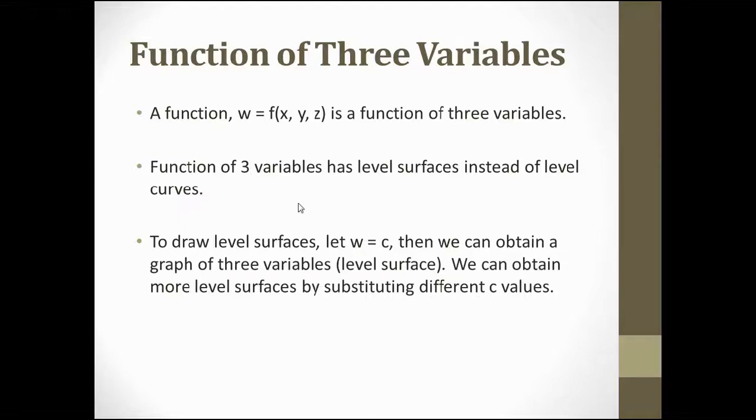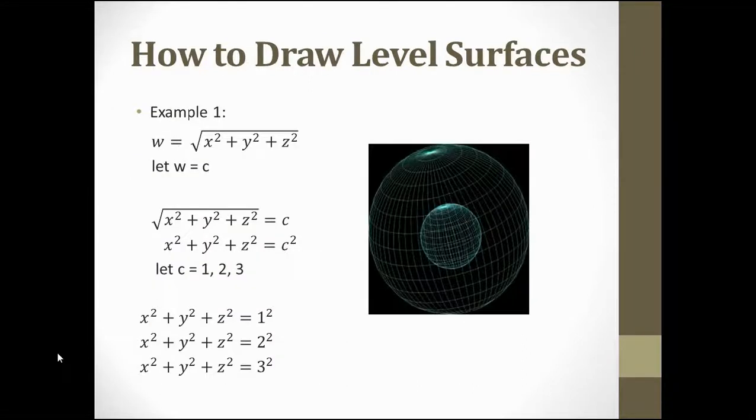To draw these surfaces, we have to first let w equal c. Then we can obtain a graph of three variables, or in this case, we call it a level surface. To obtain more level surfaces, we just simply substitute w with different c values. Let's look at an example.